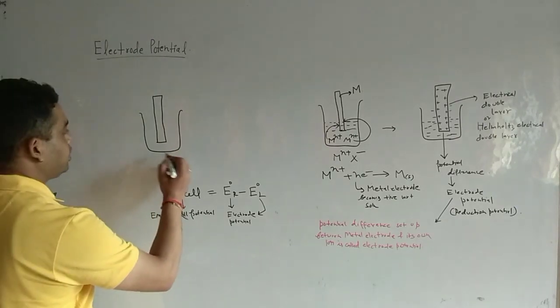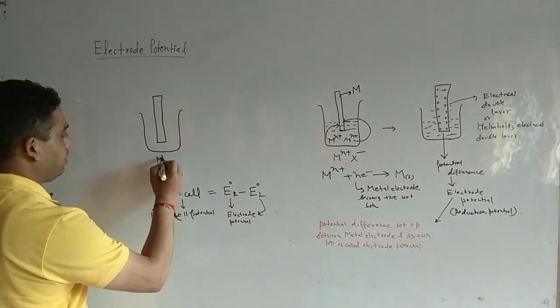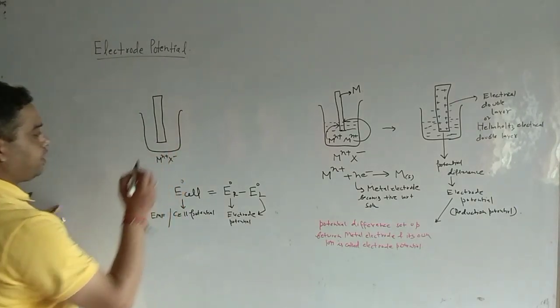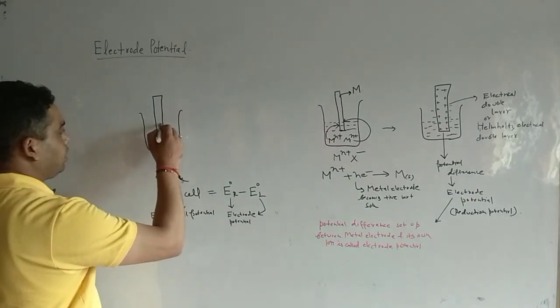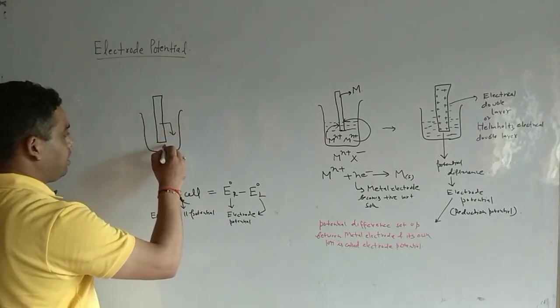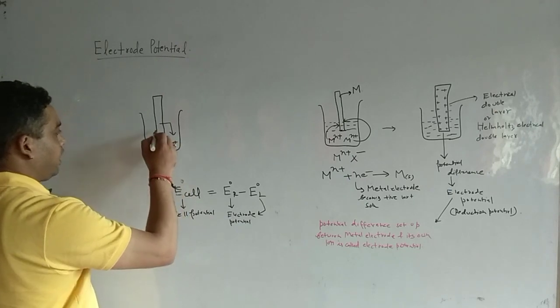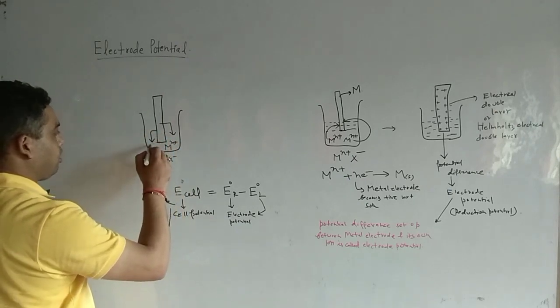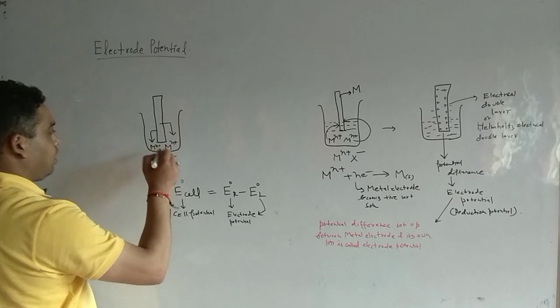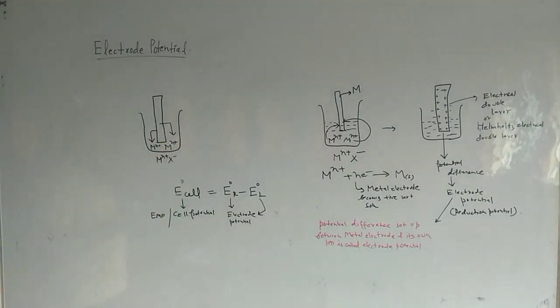In this case, the solution has Mn positive and X negative ions. Now in the other case, the metal is undergoing oxidation, and due to this oxidation, metal ions are coming into the solution.